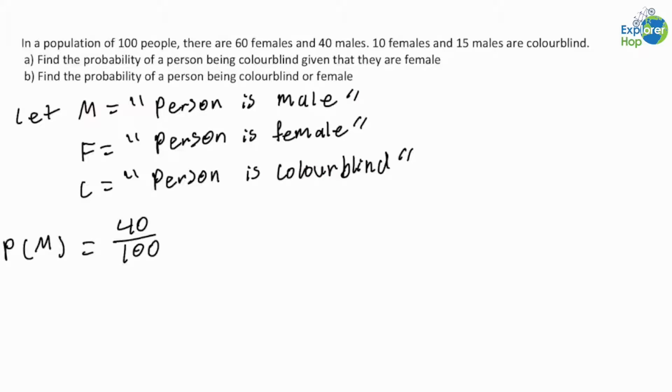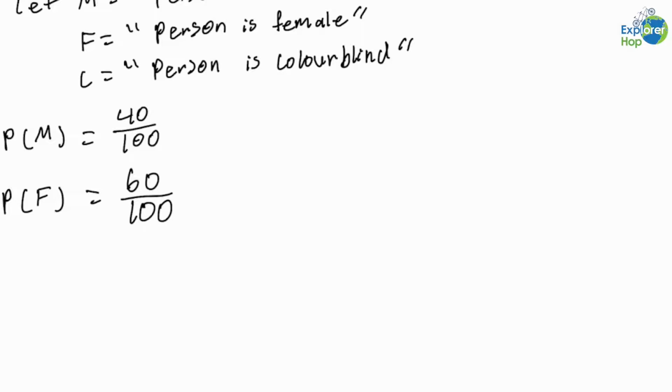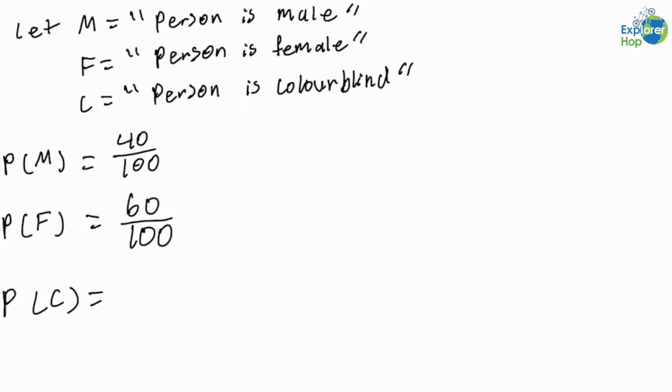Likewise, the probability of event F, which is the probability of a person being female, is going to be equal to 60 over 100, since we have 60 females and the population is 100. We can also see that the probability of event C, which is the probability of a person being colorblind, is equal to 10 plus 15 over 100, which is 25 over 100, since there are a total of 25 colorblind people.